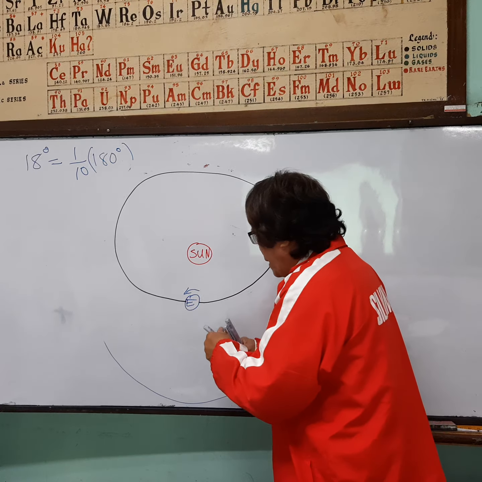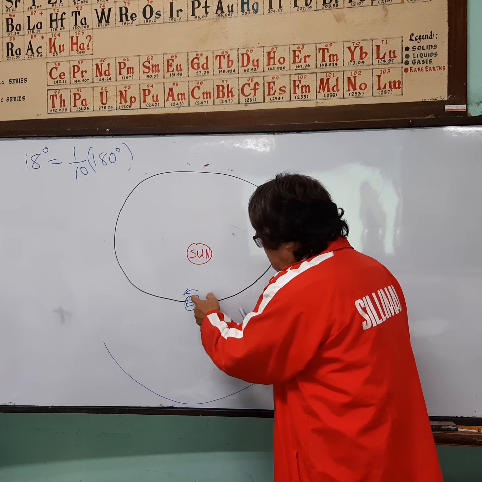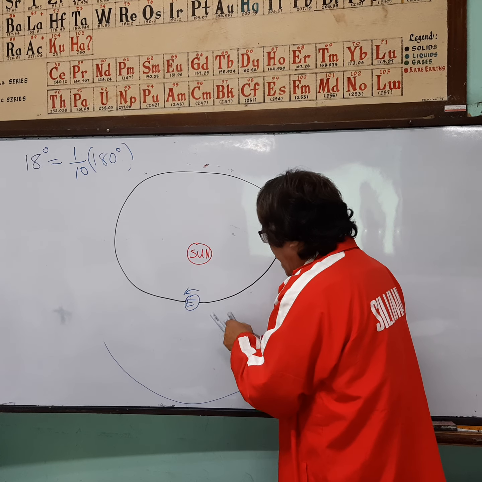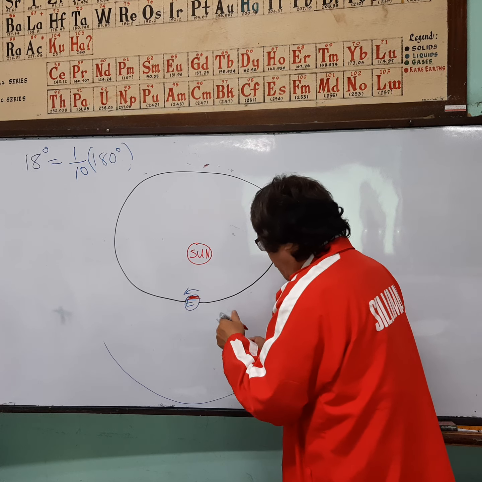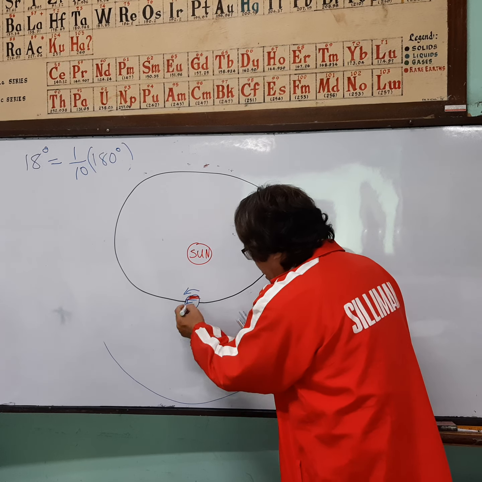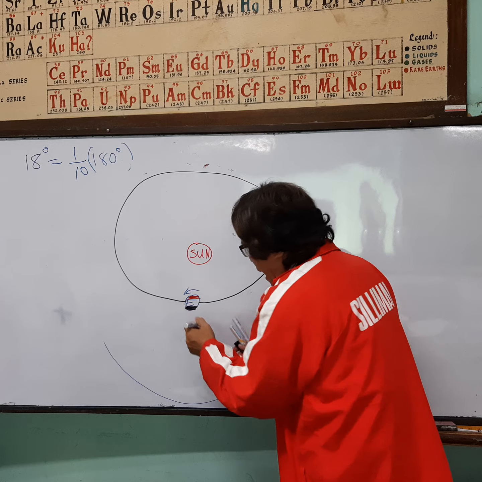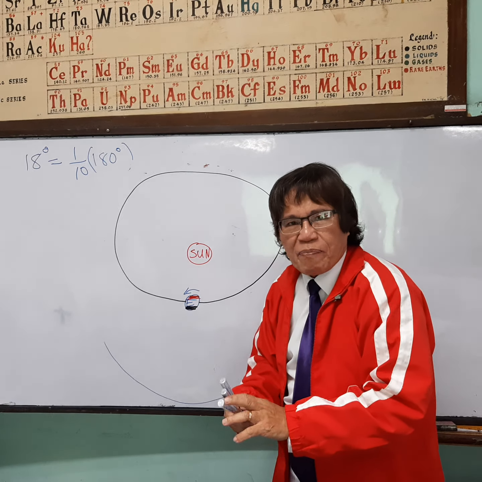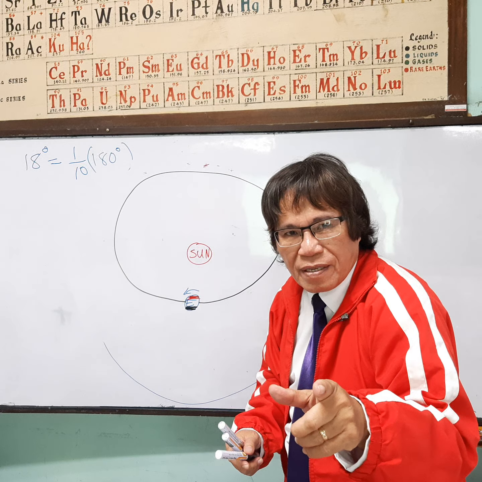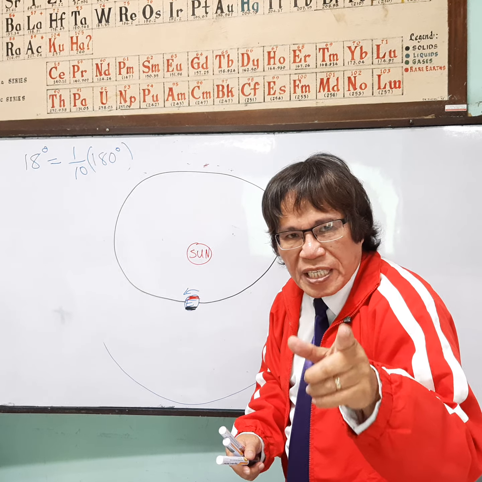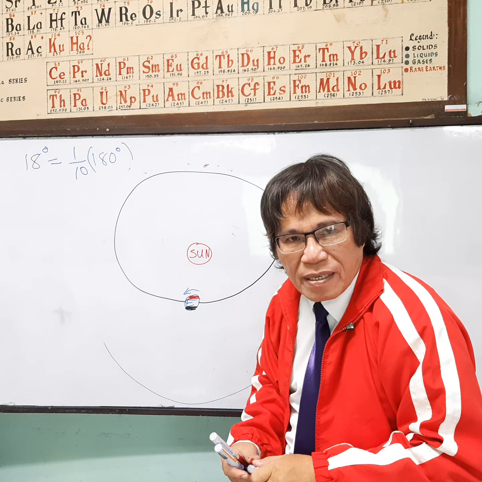When this part of the earth is facing the sun, this is daytime. And therefore, this is nighttime. Approximately half of the earth is nighttime. Nighttime is when that part of the earth is not facing the sun.